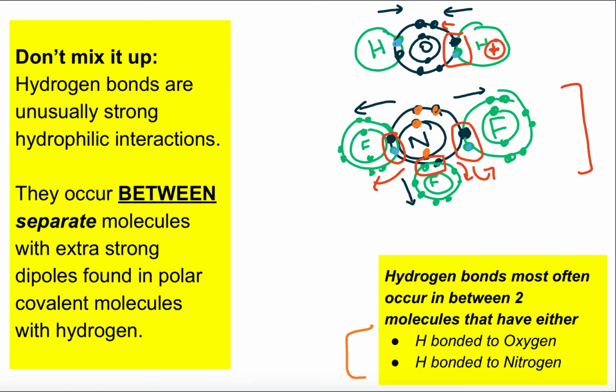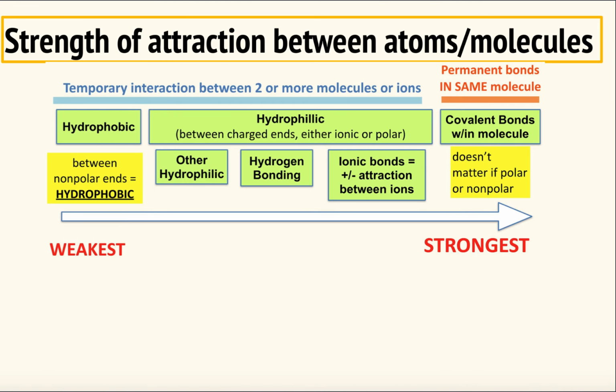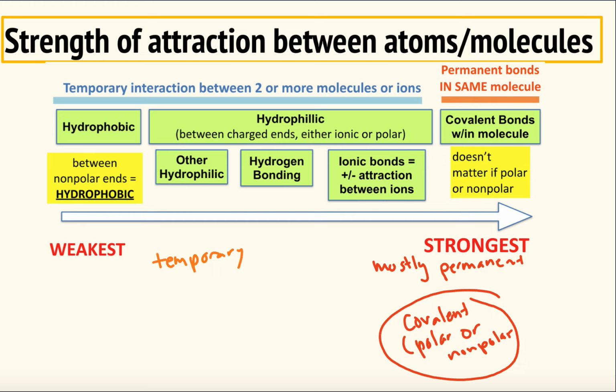And if there's two of those molecules involved, whether it's HO or HN, then you're going to get a hydrogen bond potentially between those two separate molecules. So in terms of the strength of attraction and kind of putting hydrophilic interactions within context, covalent bonds are basically mostly permanent, whether they're nonpolar or polar, and they're equivalent in strength.